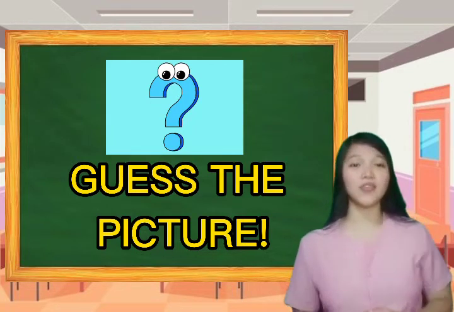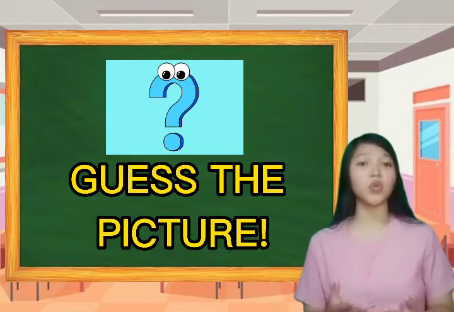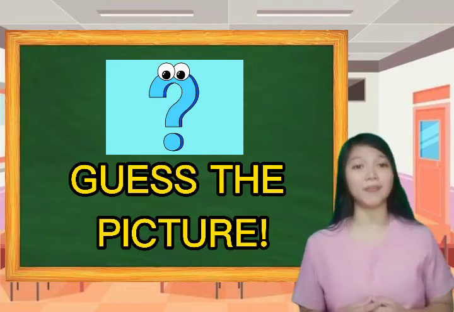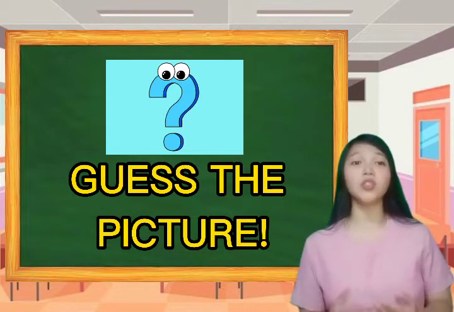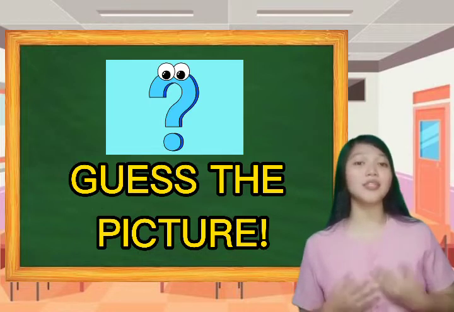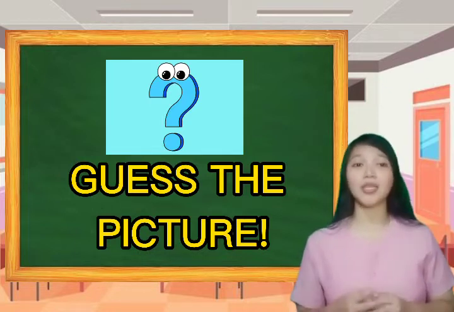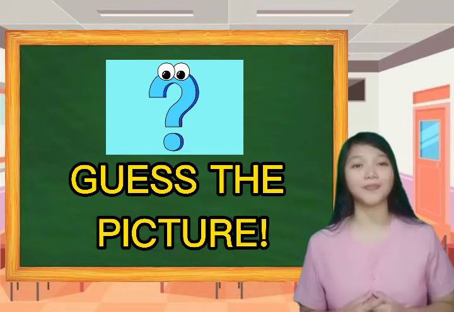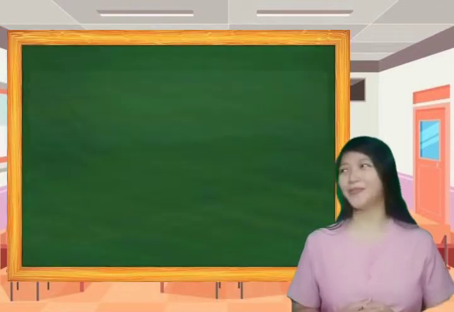So in this activity, I'm going to show you different landforms and bodies of water in the Philippines, and you're going to tell where this area is or what is the name of that specific land mass or body of water. Are you ready? Okay, so let's have our first picture.